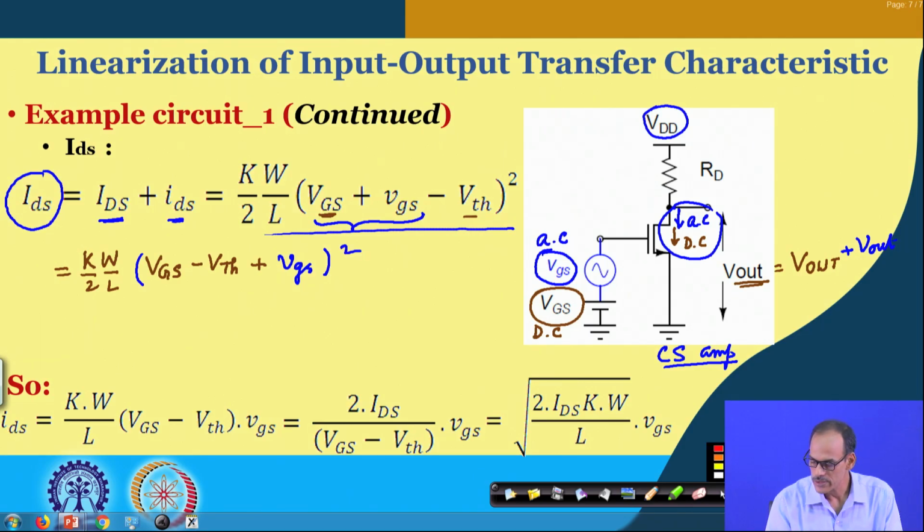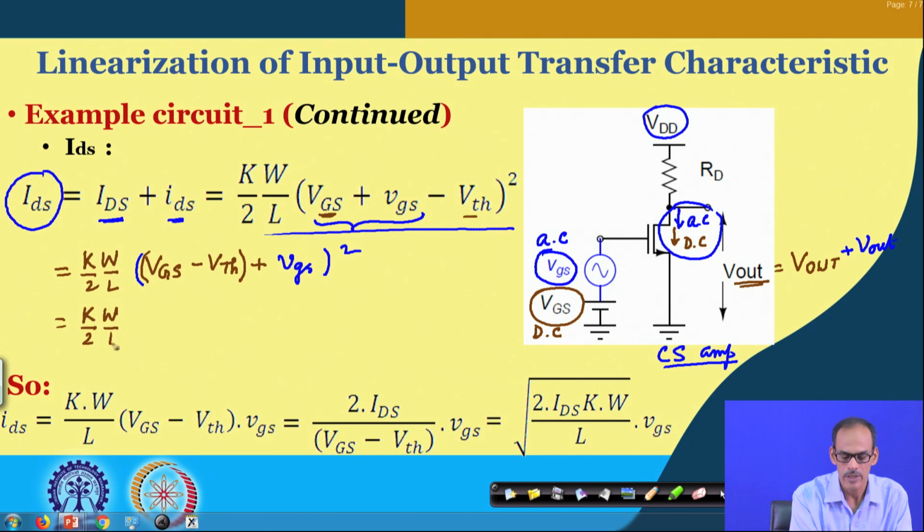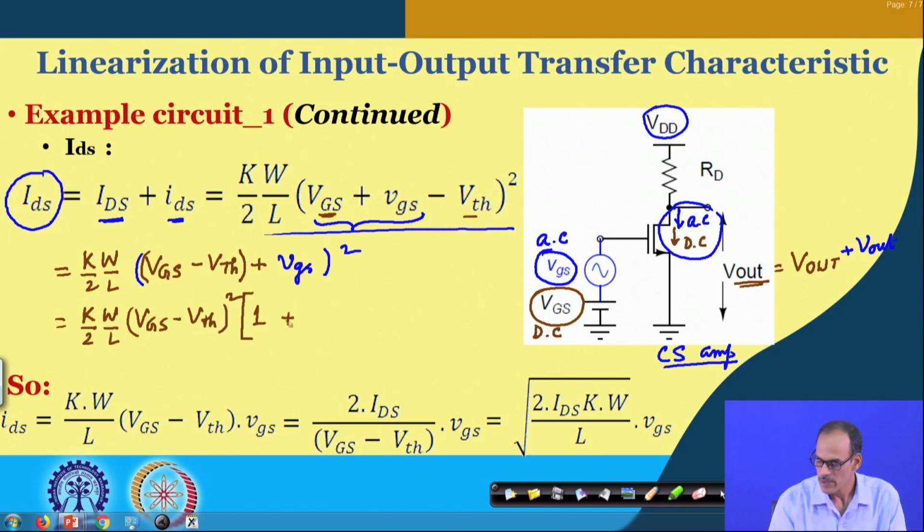Let me take this part out: we have k divided by 2 W by L times (capital VGS minus VTH) square. If I take this part out, what we have here is 1 plus small vgs by (capital VGS minus VTH), all squared.